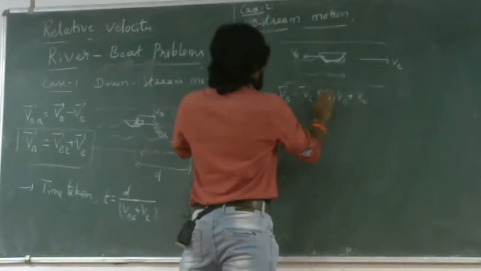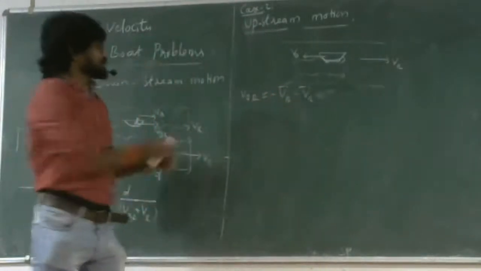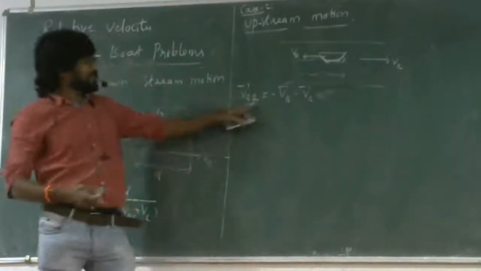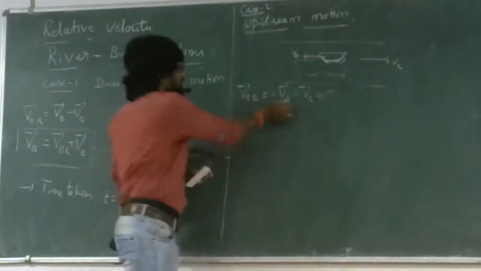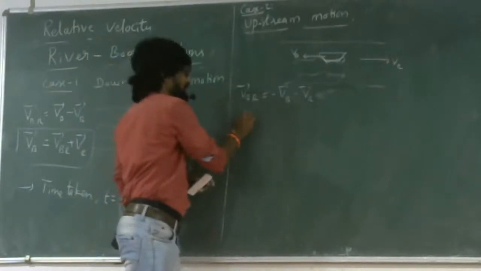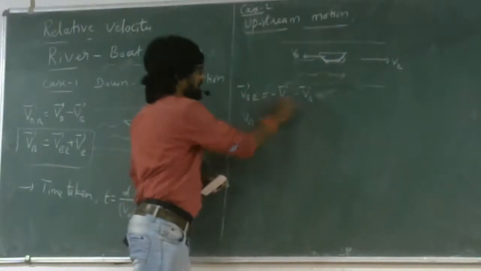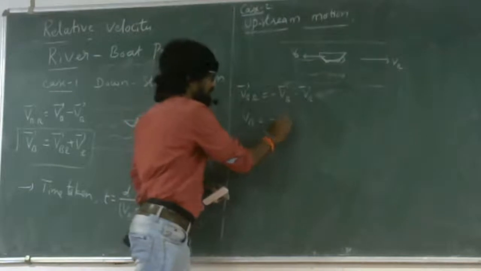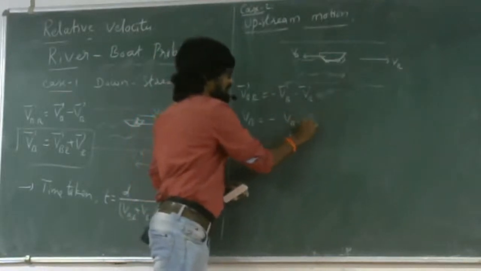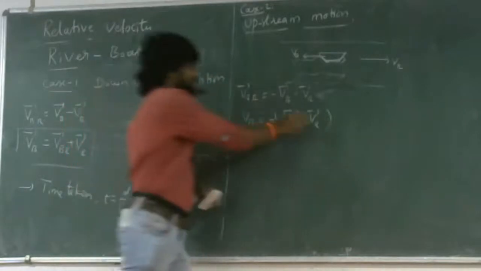From this you can say the velocity of the boat with respect to river is this. So the velocity of the boat with respect to ground, if you bring it here, it becomes plus VR plus VBR, or minus of VB minus VR.